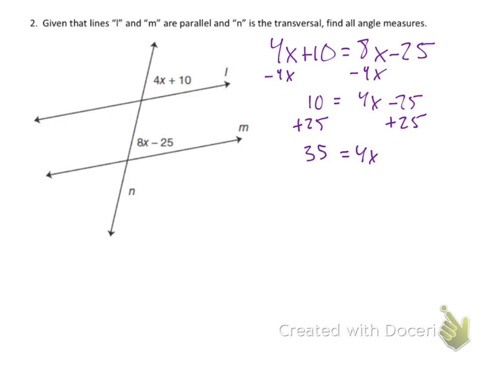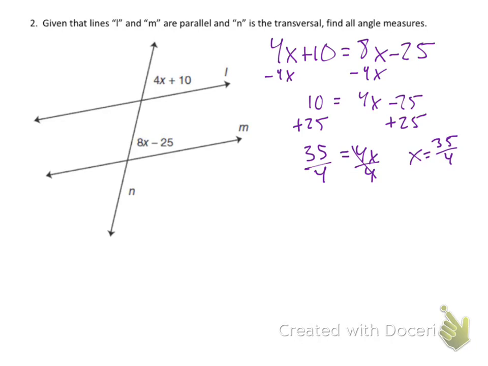Oh, that's it. Why are they so mean? Divide by 4. So guess what your answer is? 35 over 4. Are we done? We solved for x. We're done. I need to find the angles, guys.